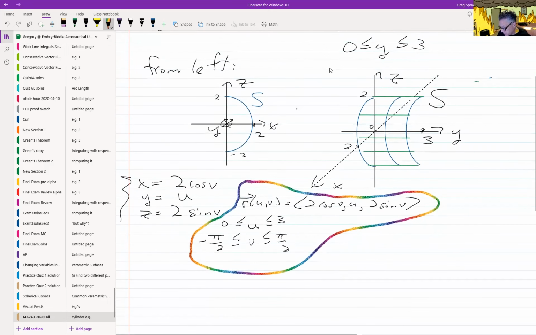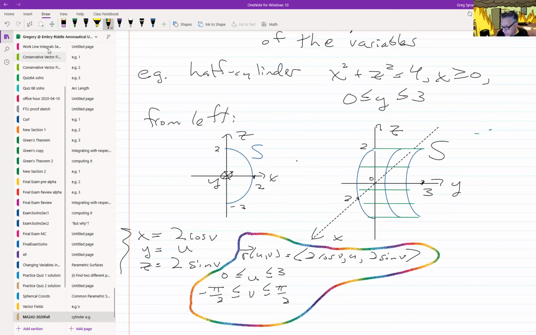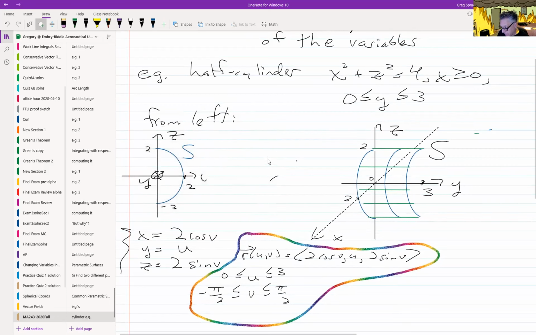Now, the reason that I use different colors here is I want to show you the domain in the UV plane and what this function is doing. So u goes from 0 to 3.